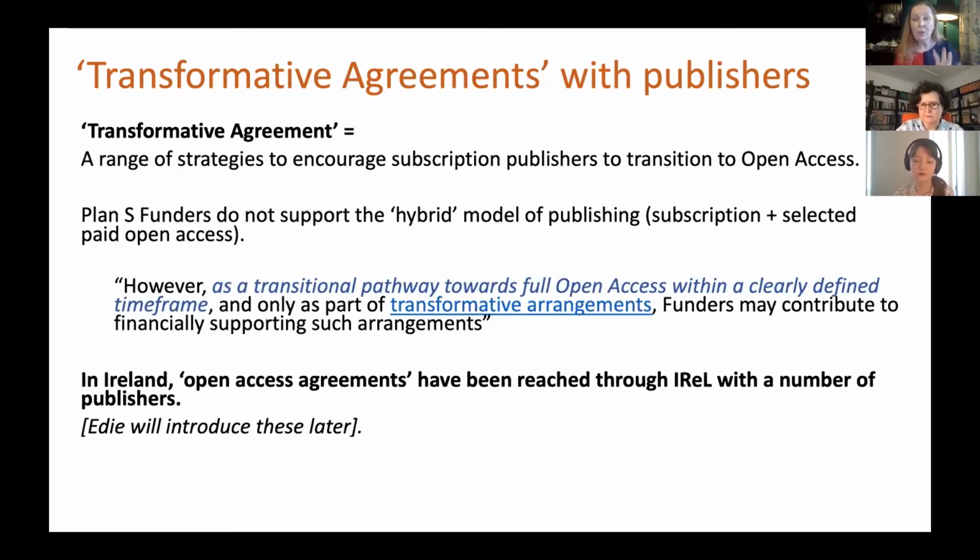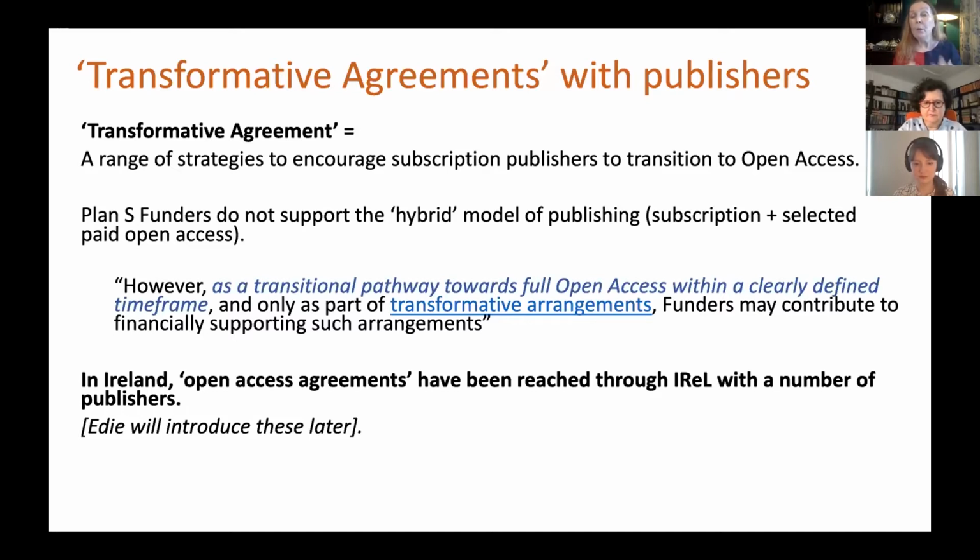Plan S funders are quite explicit that they will not support the hybrid model of publishing. What that means is, let's say journals like the Lancet, which up until recently, libraries like Trinity College Library have been paying through the nose to provide subscriptions to, supported by Arlene and her team here and IReL.